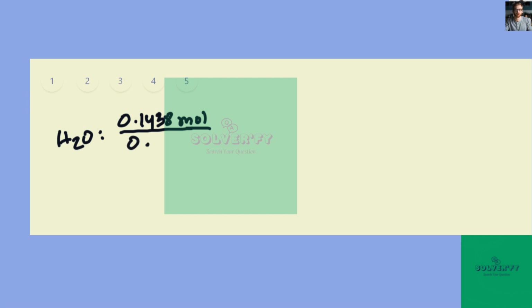We consider that as 0.144, and we'll divide this by 0.021 mole. It will give us an approximate value of 7.